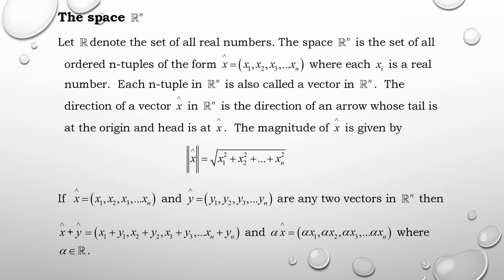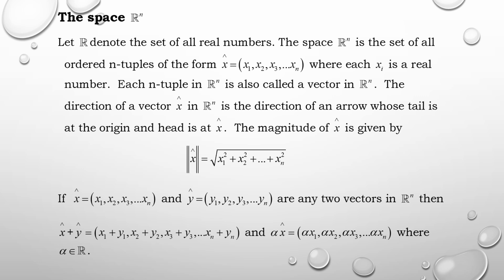How can we say x cap is a vector? To say it's a vector, it must have both direction and magnitude. How to assign direction to this vector x cap? The direction of this particular vector x cap is the direction shown by an arrow which is drawn from the origin 0 cap equals 0, 0, so on, 0 to this vector x cap, x1, x2, xn.